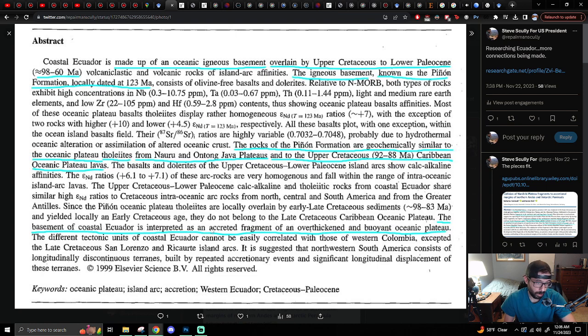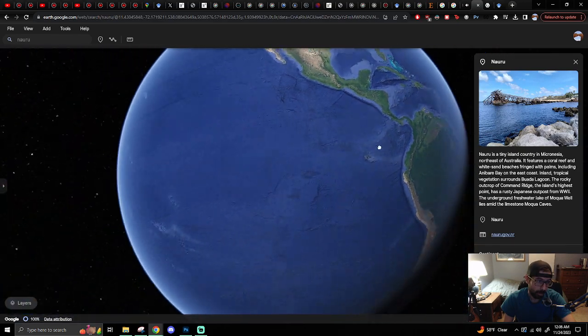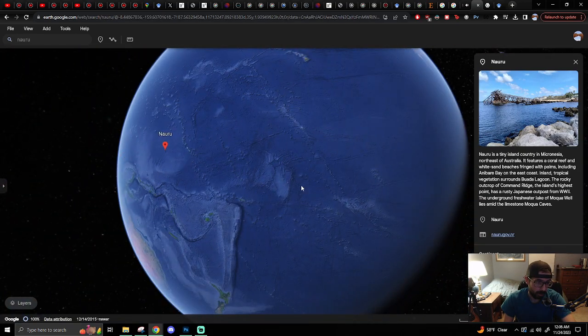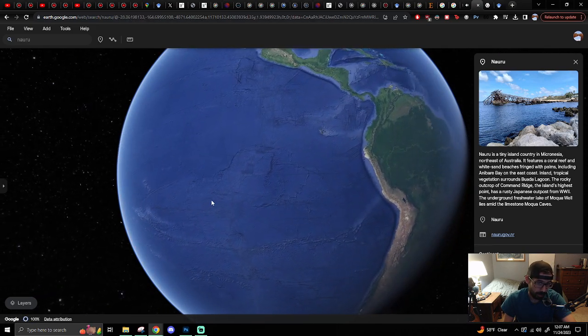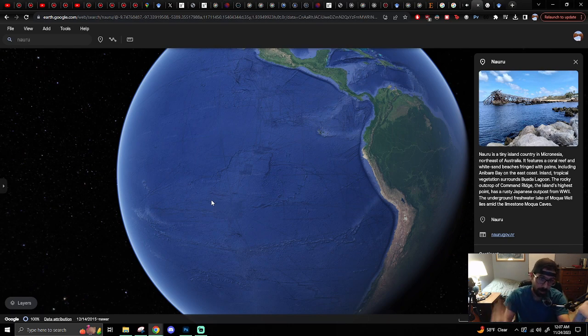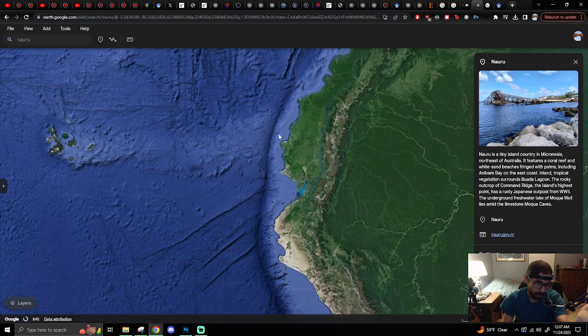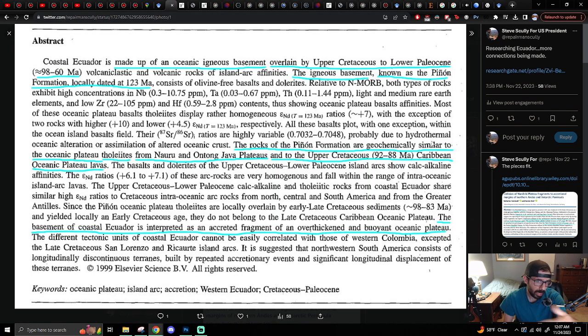So a portion, it seems, of Ontong Java, Manihiki, Nauru, Hikurangi plateaus, which are all one, a portion of it is found in Ecuador, actually composing a portion of this region here as the Pinon Formation.